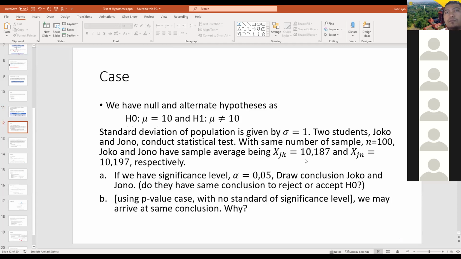From Joko and Jono, how to choose the p-value? You mean we should refer to Joko or Jono? Yes, sir.